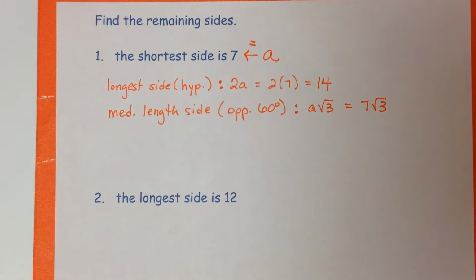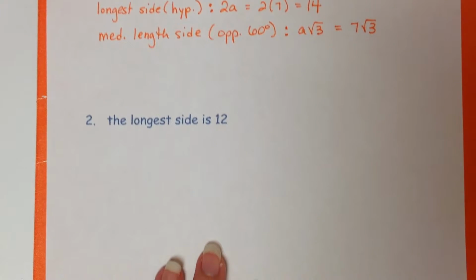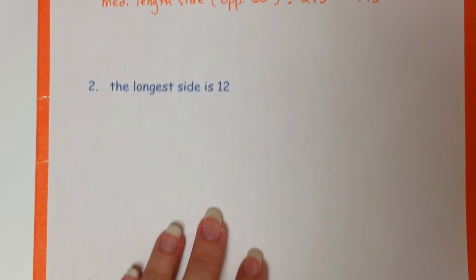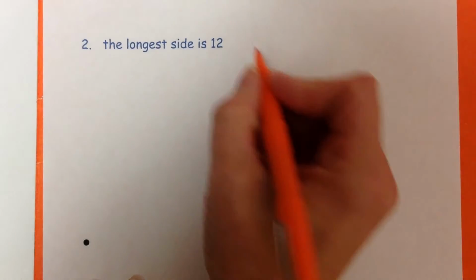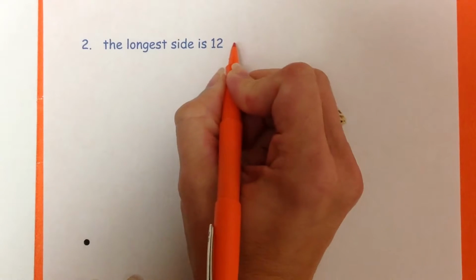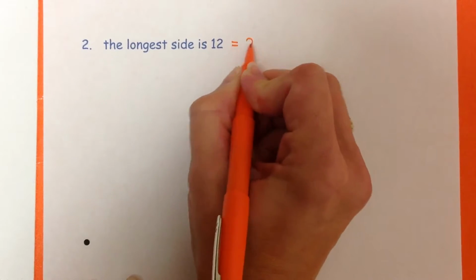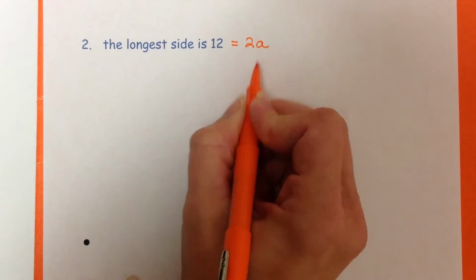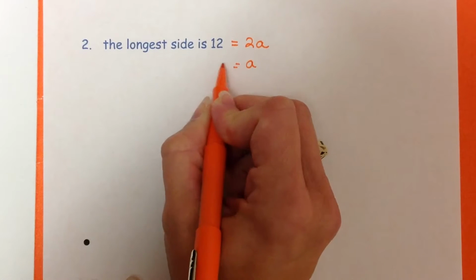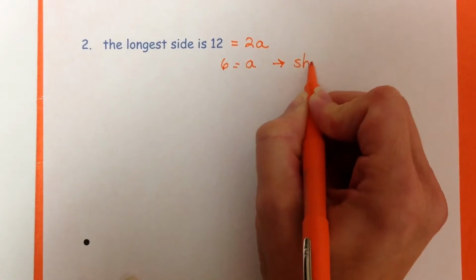Okay, next one. This is still working with 30, 60, 90. So this time you're told that the longest side is 12. Now the expression for the longest side is 2A. So I could say that 12 is equal to 2A. And now from this equation, I can get that A is equal to 6. So this right here is my shortest side.